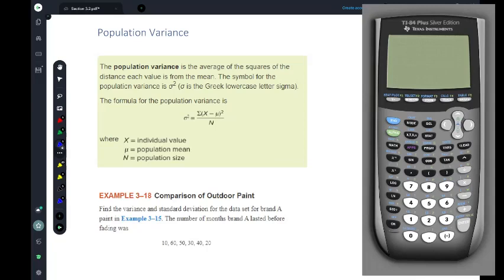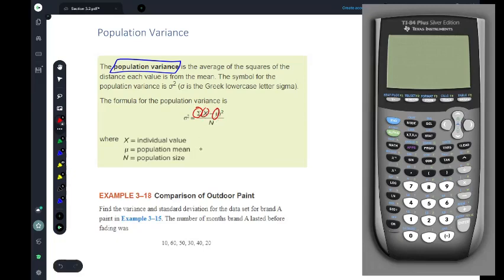The symbol for the population variance is that little Greek letter sigma squared. So sigma squared is population variance. Now the formulation for population variance is sigma squared equals the sum, that's what this symbol means. It's the sum, so I'm going to add up several things. It's the sum of x minus mu.